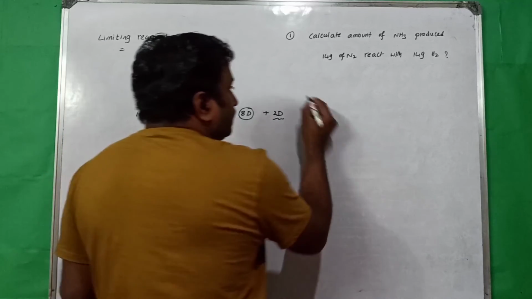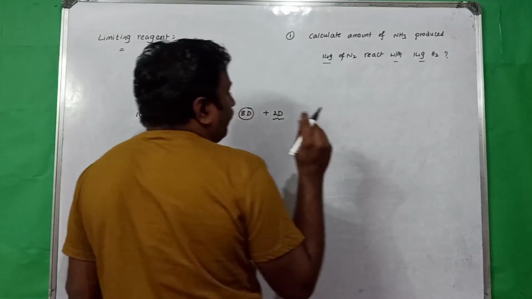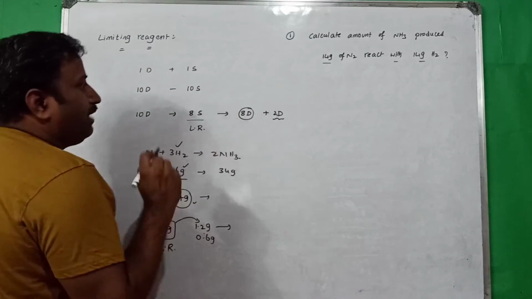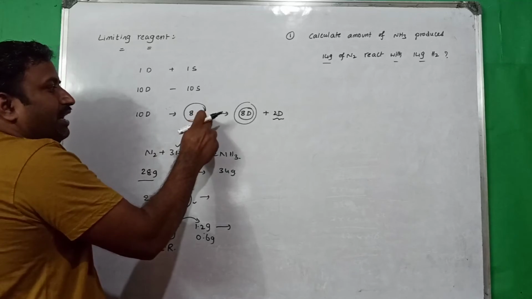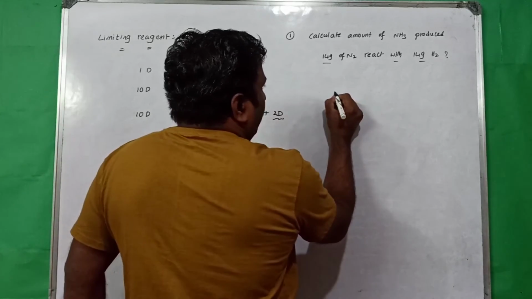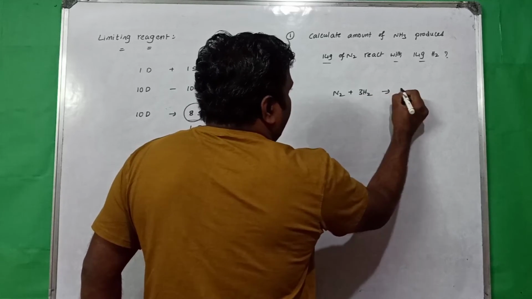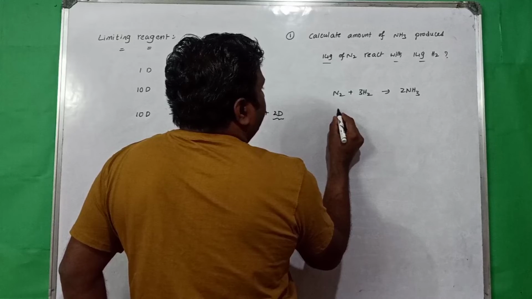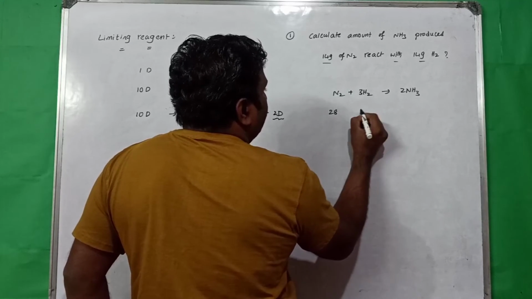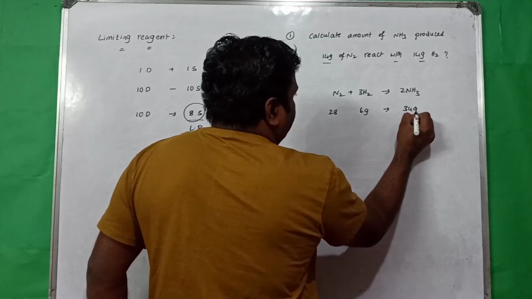Now let's see the reaction. First we have to find which is the limiting reagent, because the amount of product is going to be decided by the limiting reagent. Now N2 plus 3H2 gives rise to 2NH3. So the standard quantities required are 28 grams and 6 grams, then we'll get 34 grams.